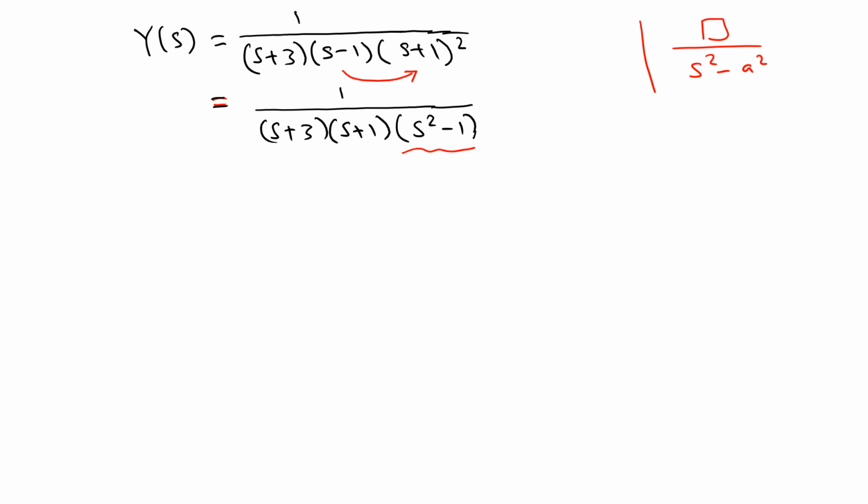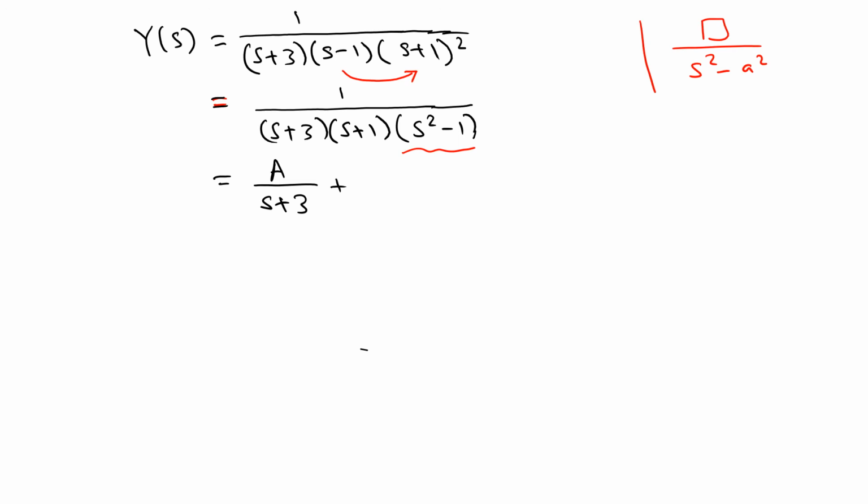Now let's write the partial fraction form for this one. You have to be careful how to write it. It's clear we have s plus 3, so we have A over s plus 3. Then, because we can always combine s minus 1 and s plus 1, the next term is the s squared minus 1 term. But what about s plus 1?